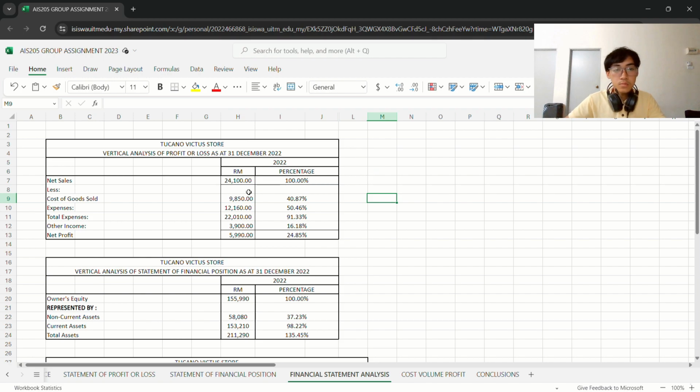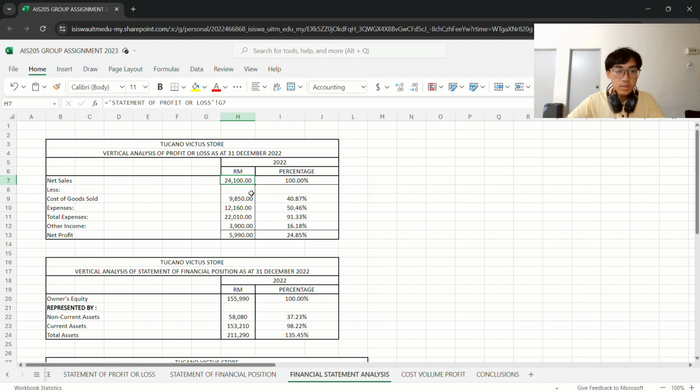So the first item you must put in the statement is obviously the net sales. So our net sales is 24,100 ringgit. So we write the formula for this: we write equals and then statement of profit or loss exclamation mark and then G7.